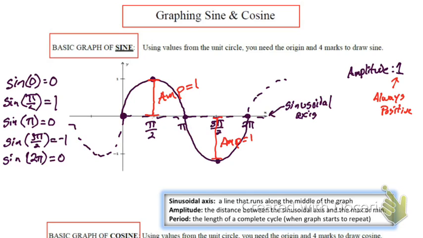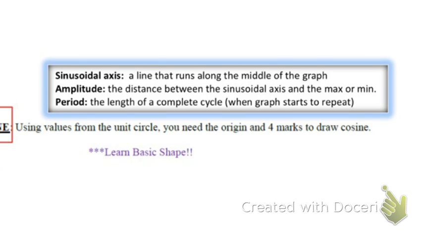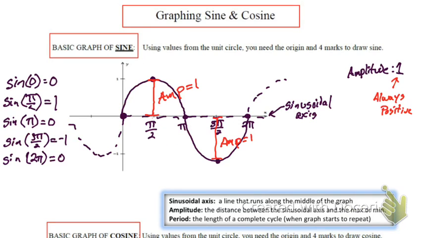The next thing we have is something called the period. That's the last definition I have down here. The period is the length of a complete cycle. I said the graph continues forever, but what I just graphed here is one complete cycle. From 0 to 2 pi, all of these numbers are just one flow. As soon as we get past 2 pi, it starts repeating itself.